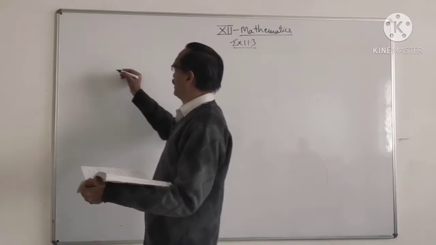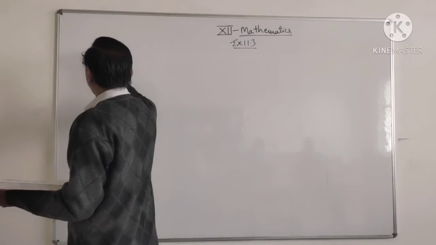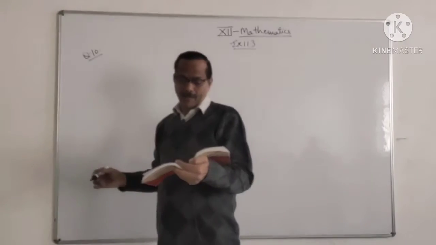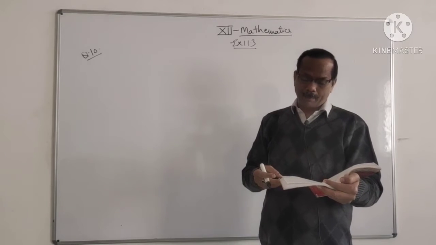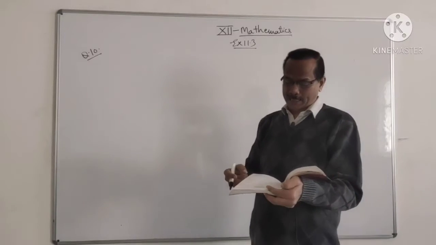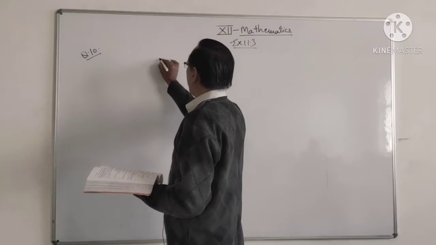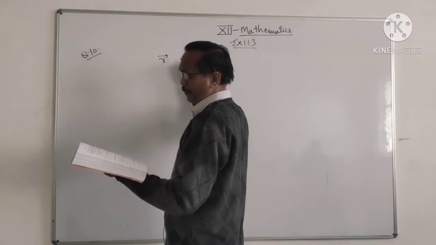Question number 10. Find the equation of the plane passing through the intersection of planes. Here planes are given in the vector form.